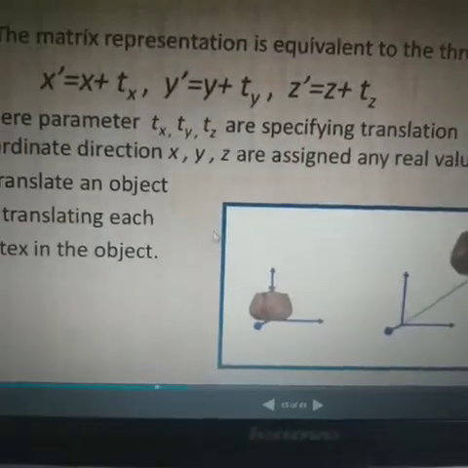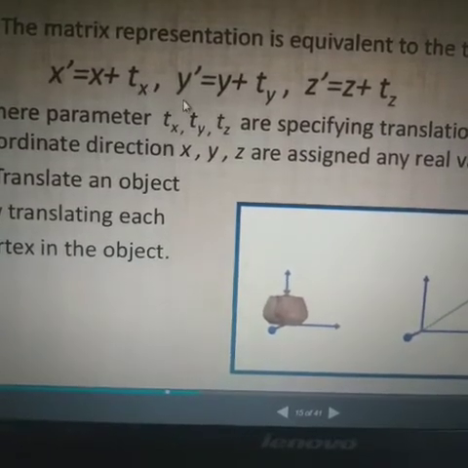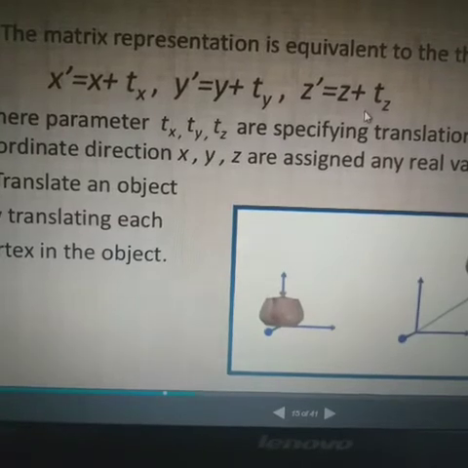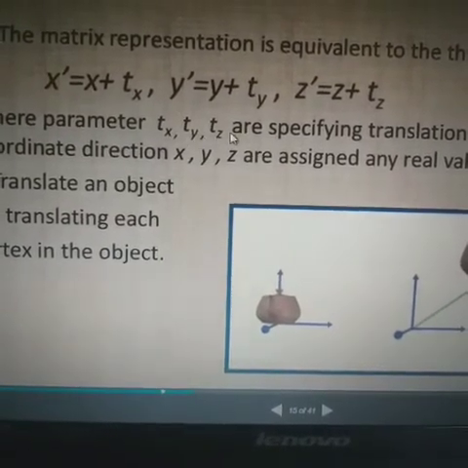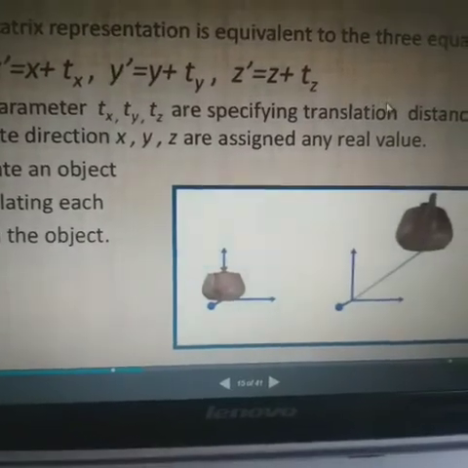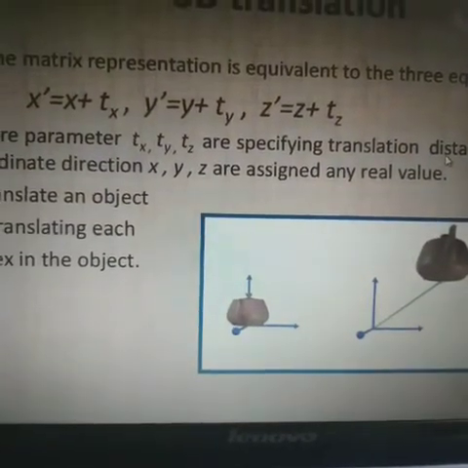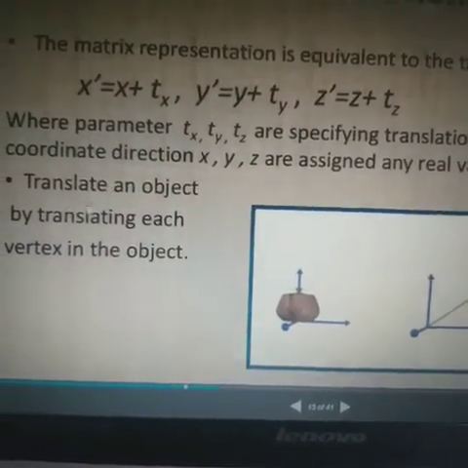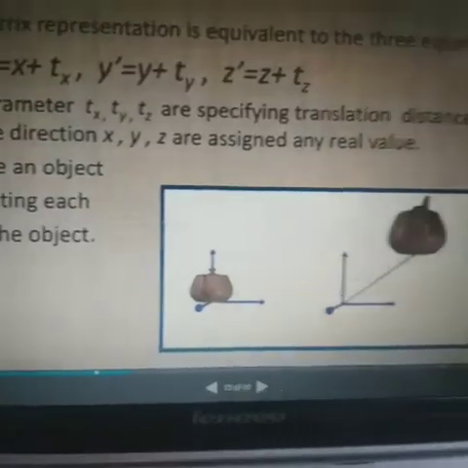So we have x dash equals x plus tx, y dash equals y plus ty, and z dash equals z plus tz. Here tx, ty, tz are the translation distances, or translation factors, which are used for the coordinates x, y, and z for assigning real values. We translate an object by translating each vertex of the object like this.